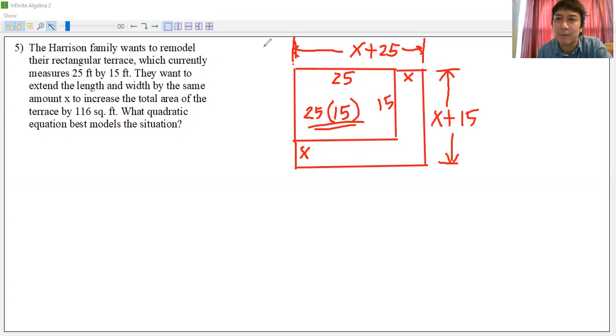Now, the additional area is 116. This area here, that will be 116. So let me just clear those. So we can set up the equation. This will now be x plus 25 multiplied by x plus 15.